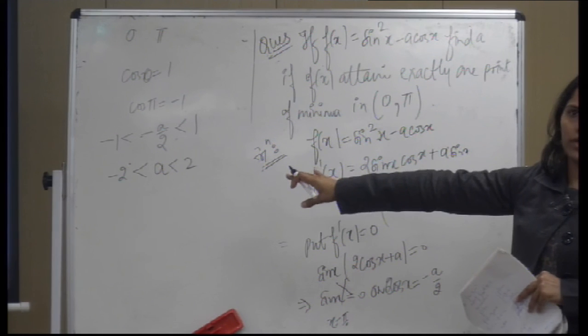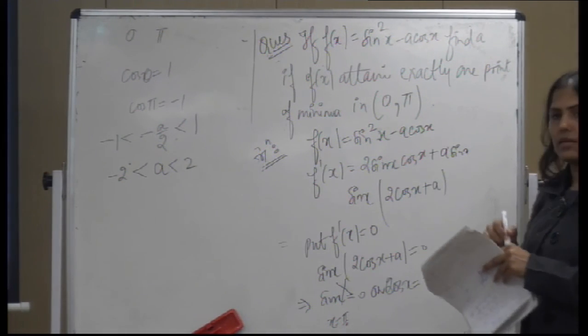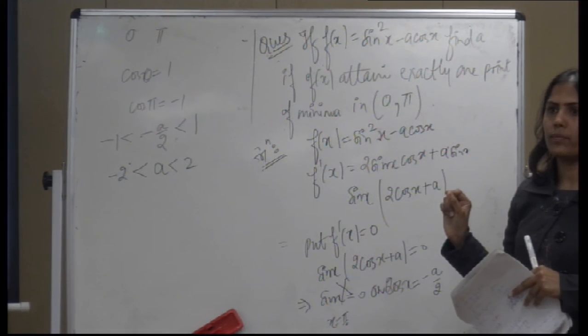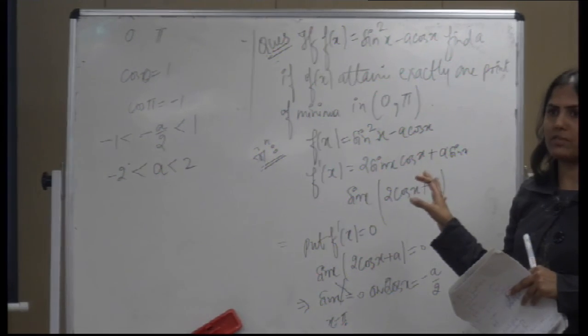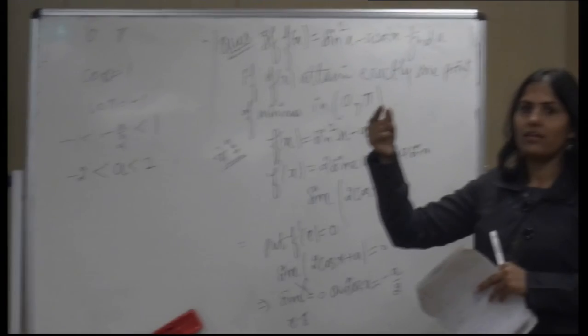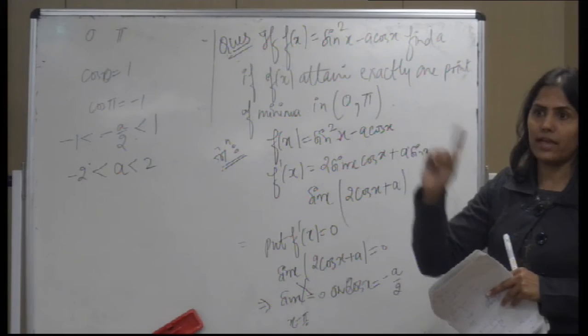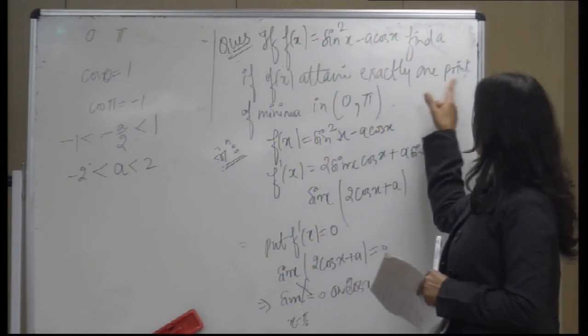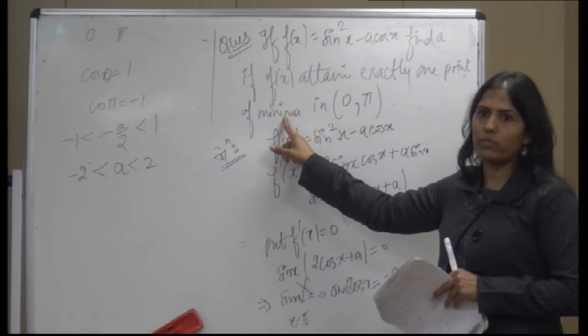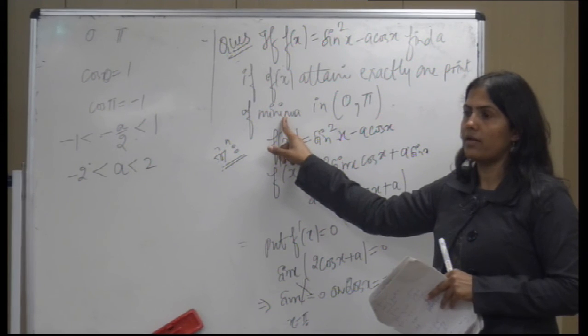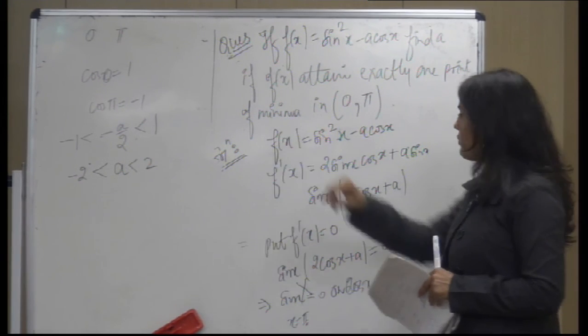Clearly a I am not getting. So what should I do next? You know for maxima minima, the next thing is the second derivative. If it is a point of minima, the second derivative should be positive. Quickly find the second derivative.